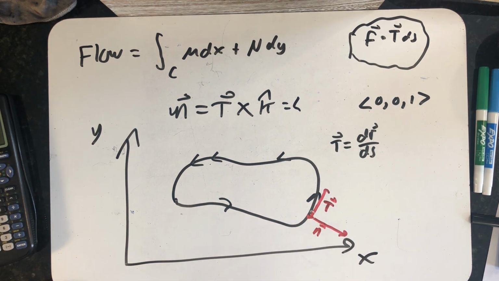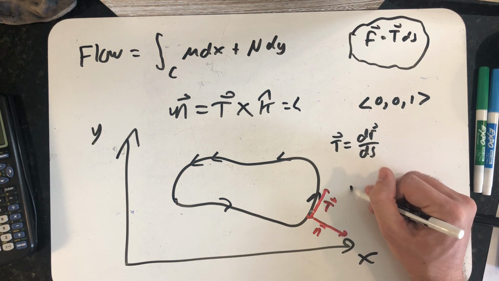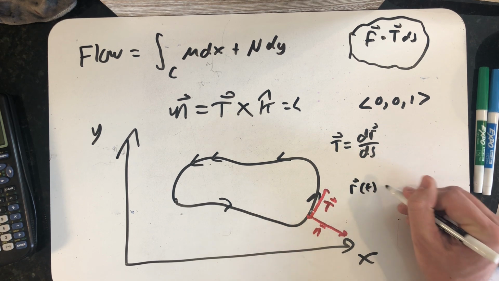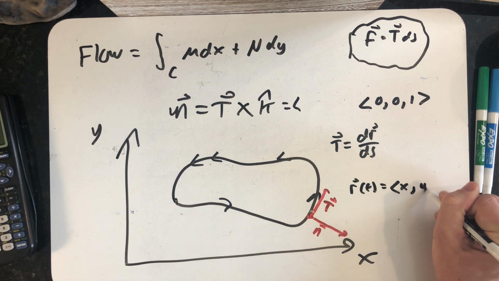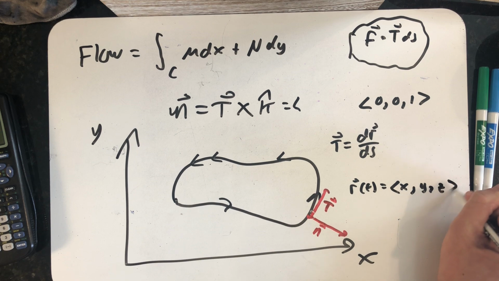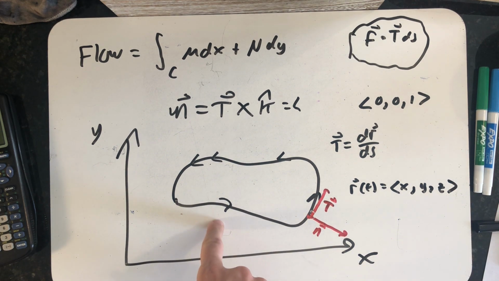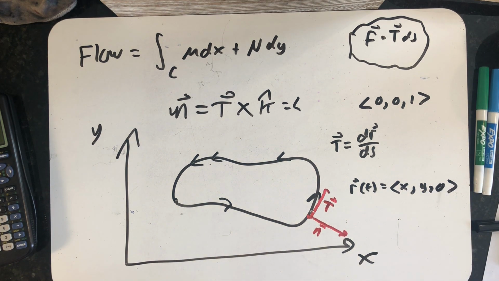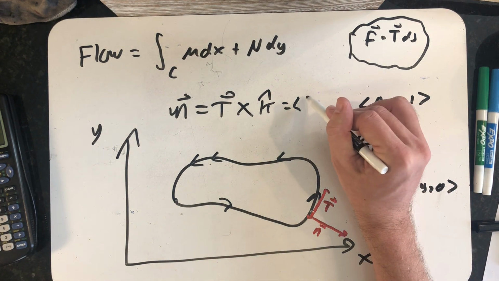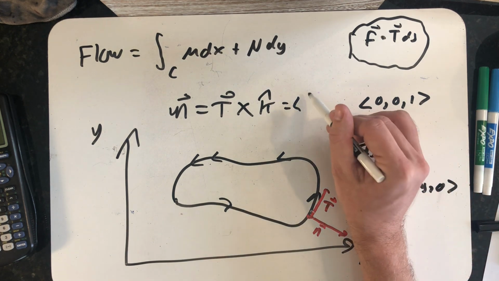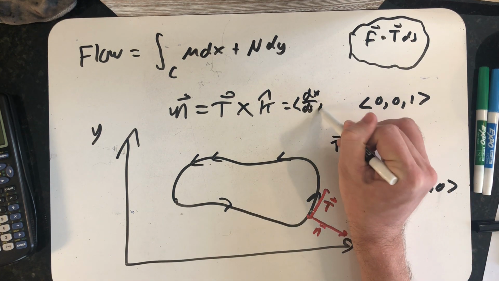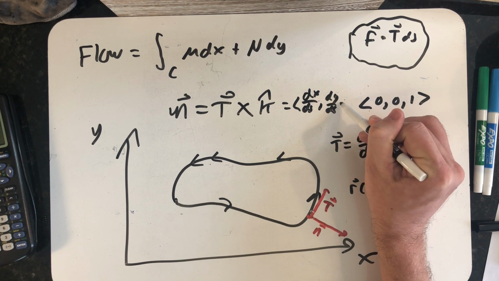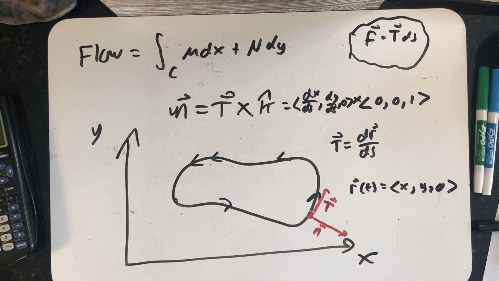But now if I think of r of t as having a parameterization, that would be an x of t, y of t, and z of t, but then you go, wait, Bob, this was in the plane, that would actually make that a 0 there. Okay, so dr ds would be dx ds, comma, dy ds, comma, 0. Take a cross product. So to calculate n, we can actually just evaluate this cross product.